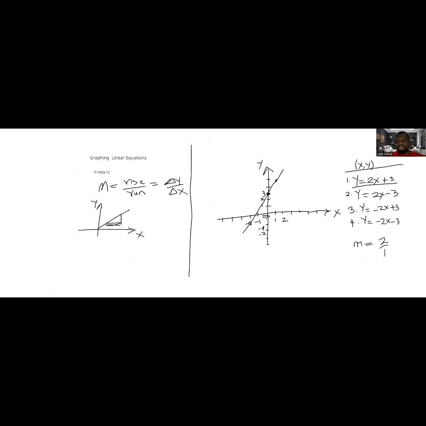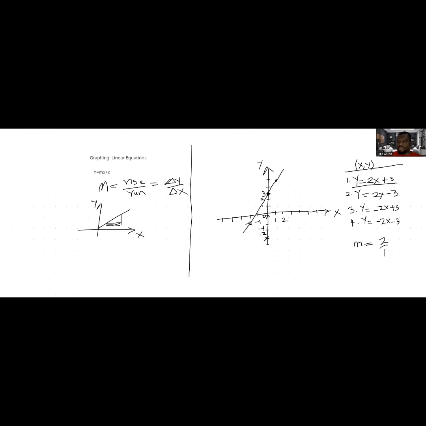Now let's buttress the fact by plotting the second line. Look at the intercept, negative 3. So negative 3 is down here, and the line will pass through this point on the y-axis. Now, where is the slope?